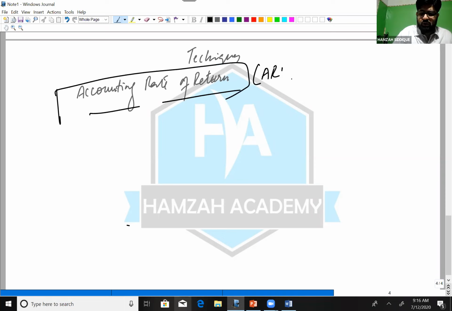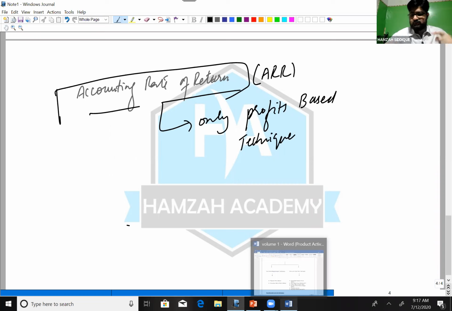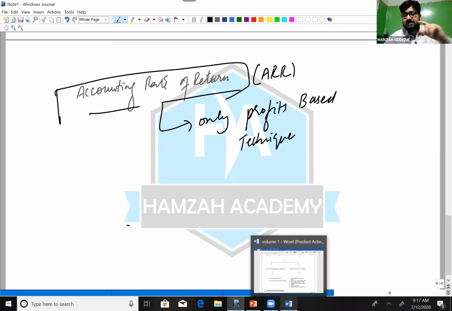Students, ARR is the only technique which is profit based. That's why I corrected over there that it is a profit-based technique. ARR, or sometimes ROCE, return on capital employed, is a substitute for that.